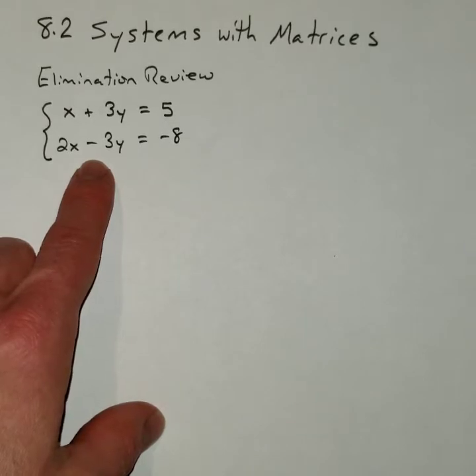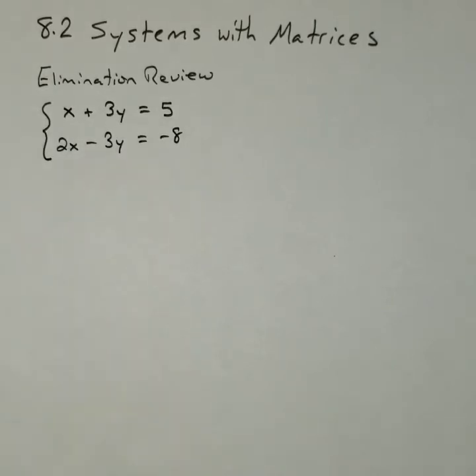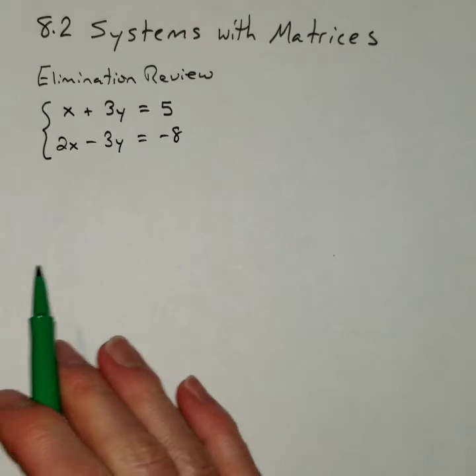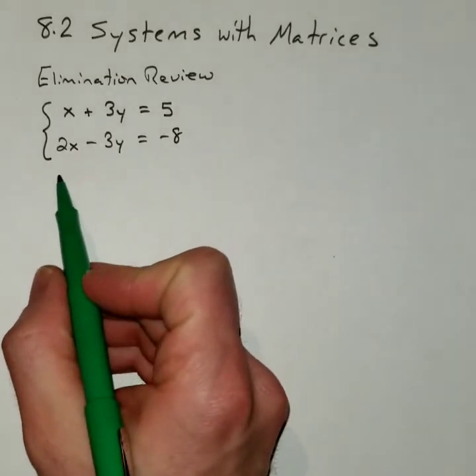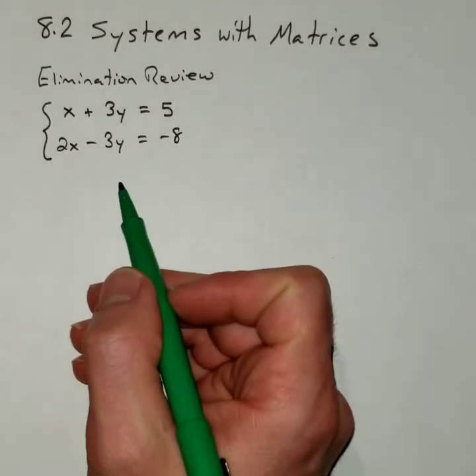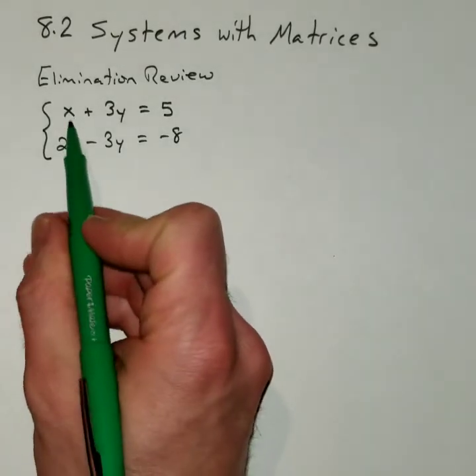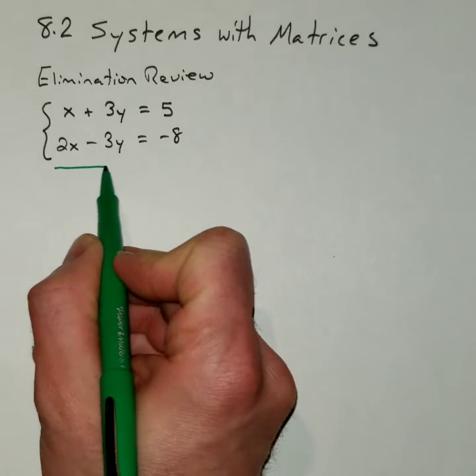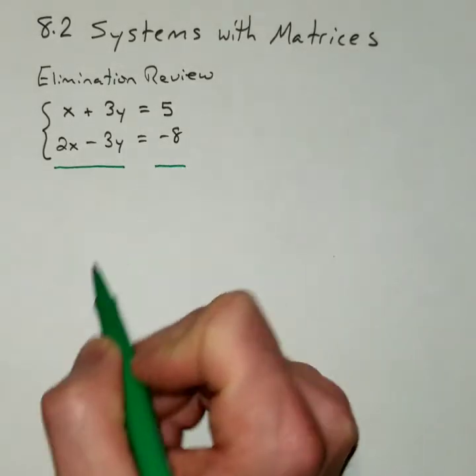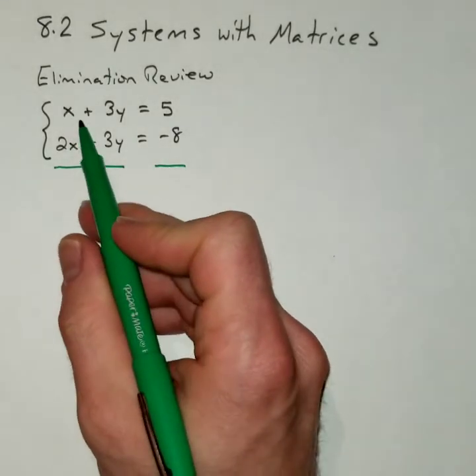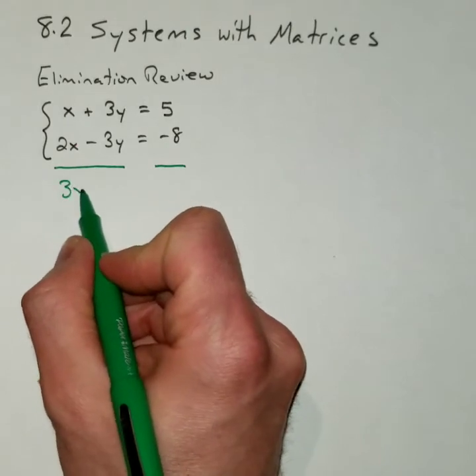When we did the elimination method with this, we added the two equations together to eliminate the y variable. Okay, so I'm just going to run through this very quickly so you can see how this develops and how the matrix idea works out of this. So we're going to first add up the equations just like we did before. x and 2x makes 3x.